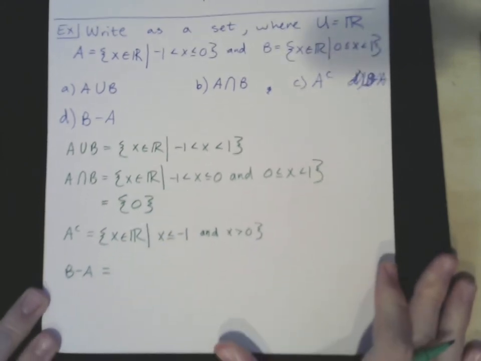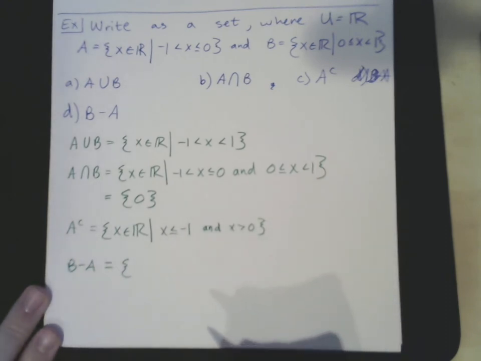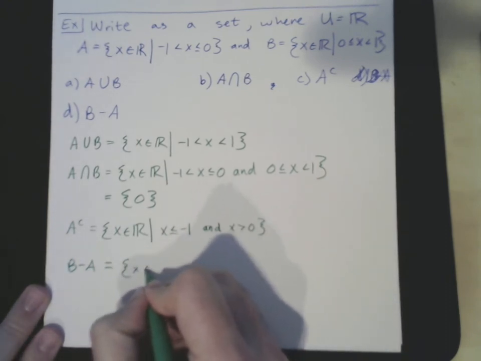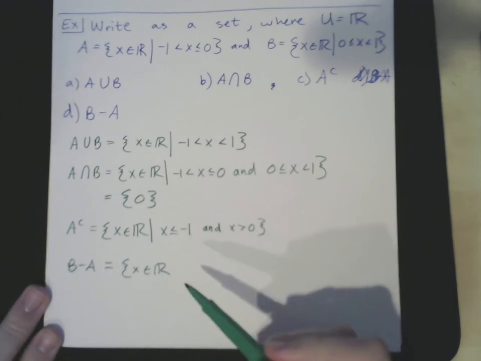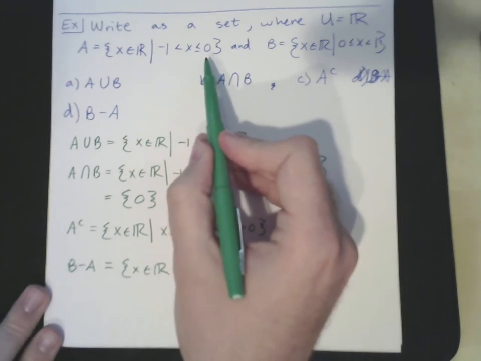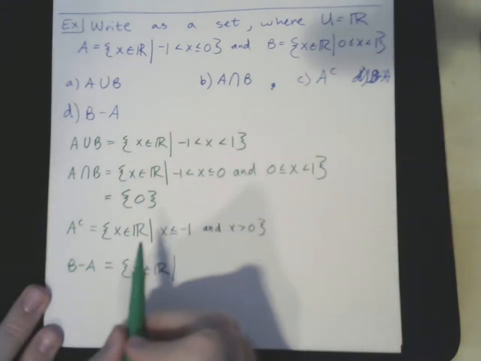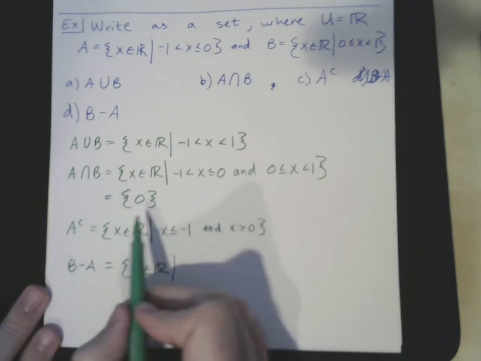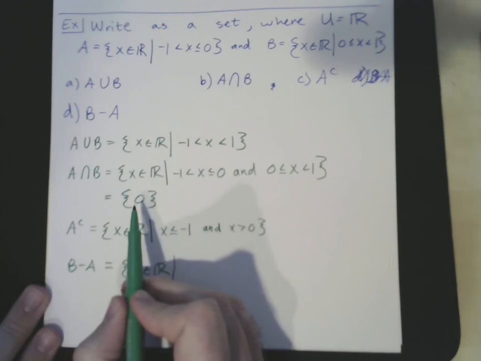Our set difference, B minus A. This is the set of real numbers x. So these are the things that are in B, but not in A. So if you've done your intersection first, you're basically eliminating the stuff that's in the intersection.